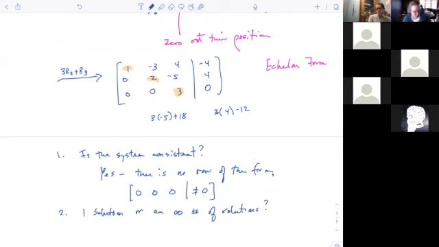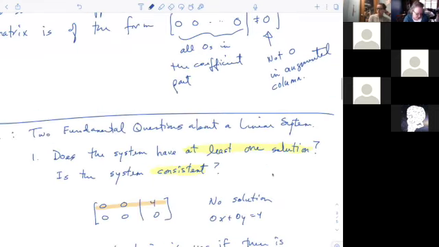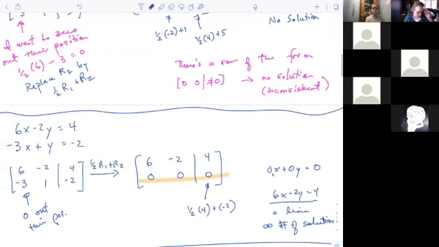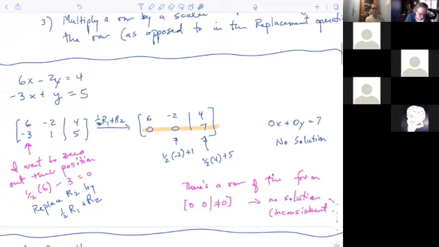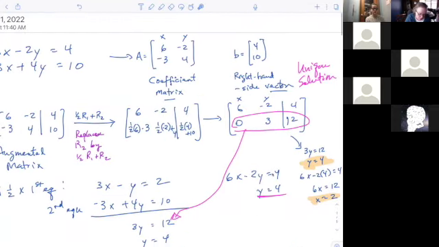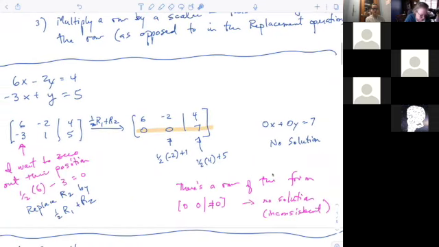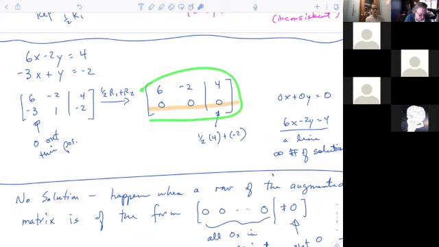But if you remember, we're almost out of time here, so I'll make this short. Remember what happened up here. We had a unique solution in this case, and I told you to look at each of the columns corresponding to the variables and ask, do you have a leading entry? When you do, you'll have a unique solution. Down here in this one we had an infinite number of solutions, but we only had a leading entry for this row. For the y column, there's not a leading entry.